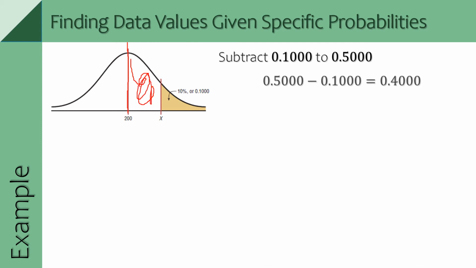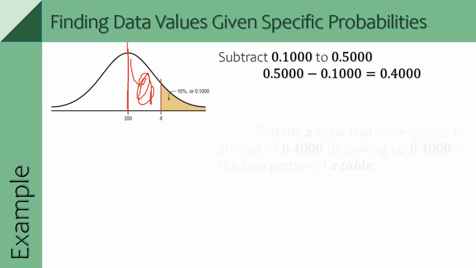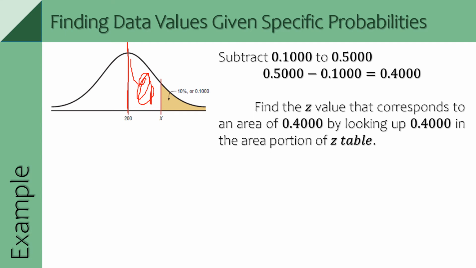So that is equal to 0.4. Okay, so next is to find the z value that corresponds to an area of 0.4 by looking up 0.4 in the area portion of the z table.